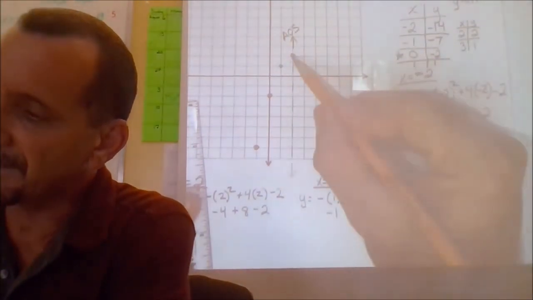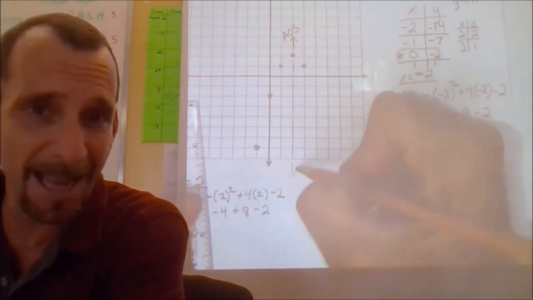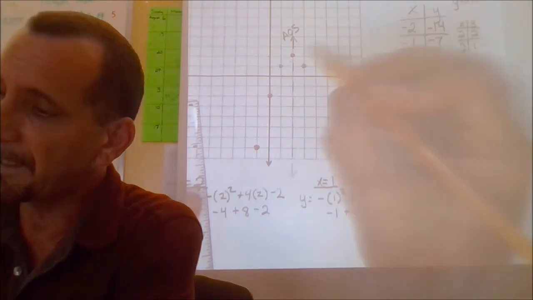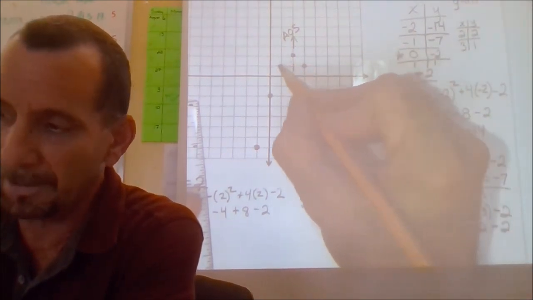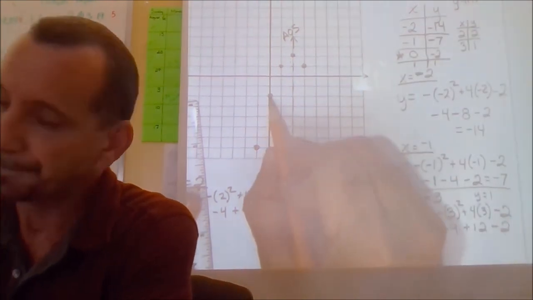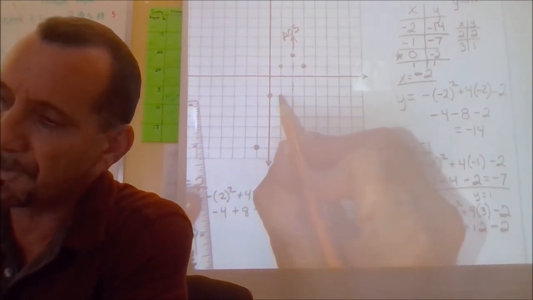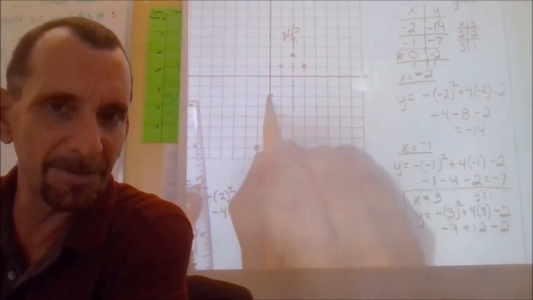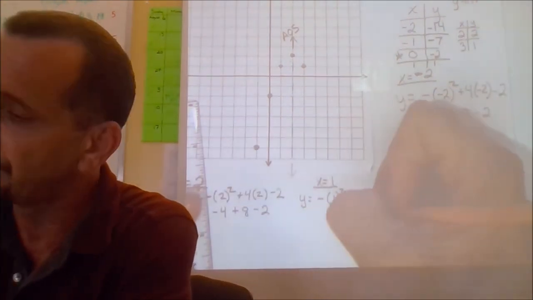Now, because these points are all symmetrical about this axis, we can come on over here and we can see from this axis you can go right one or left one to get this point. But let's come on down to this point. From the axis of symmetry, we can go 2 points left to get this point that we already plugged in using a table of values.